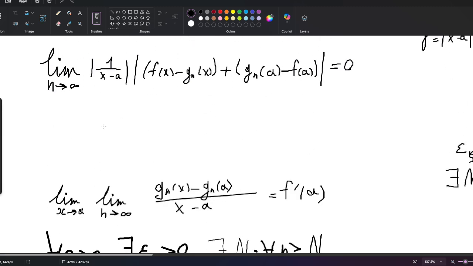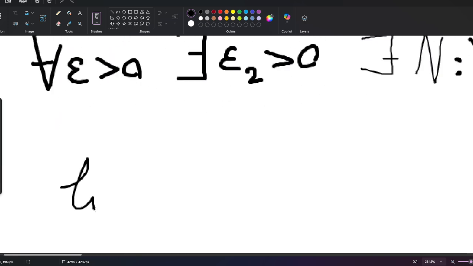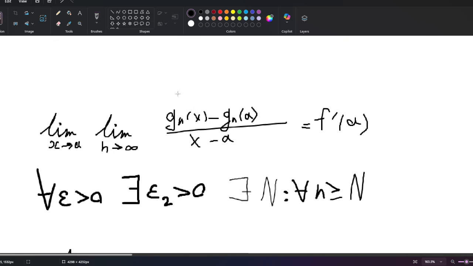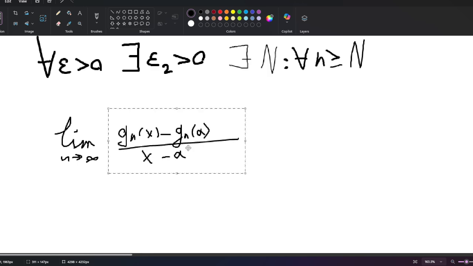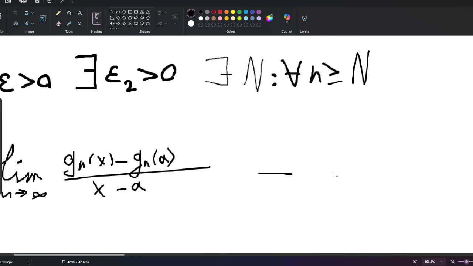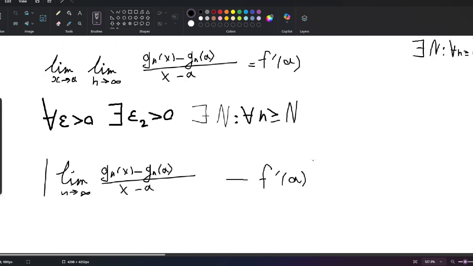So now what we can do is apply this limit over here and get the limit as n approaches infinity of this thing, and subtracting it from f prime of a is going to be less than some given epsilon.